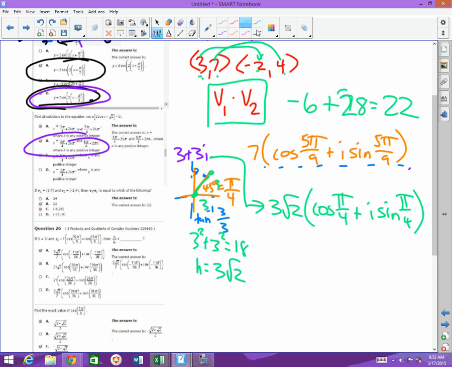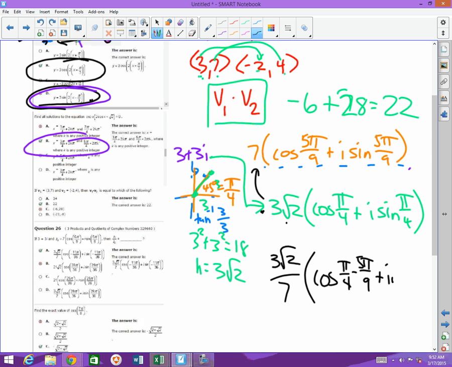And so then, if you're taking this divided by that, then you divide the r values out in front, 3 square root of 2 divided by 7, and then you take cosine of pi over 4 minus 5 pi over 9 plus i sine pi over 4 minus 5 pi over 9.